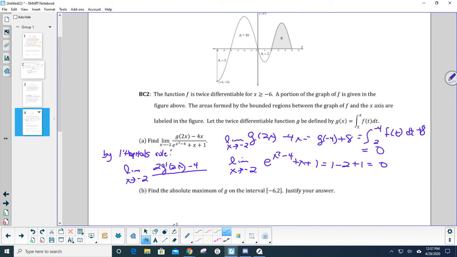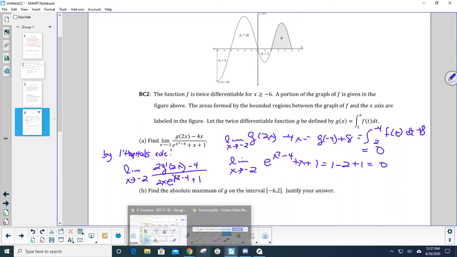What do I get out here? I get a 2x out front, e to the x squared minus 4 plus 1, if I take that derivative. Is that right? Y'all agree with me on that one? Yeah. Okay. So then if I sub the -2 in up here, I get g prime sub -4.